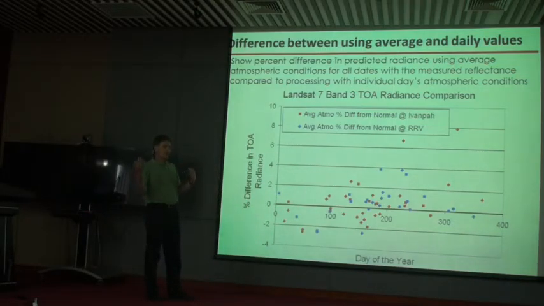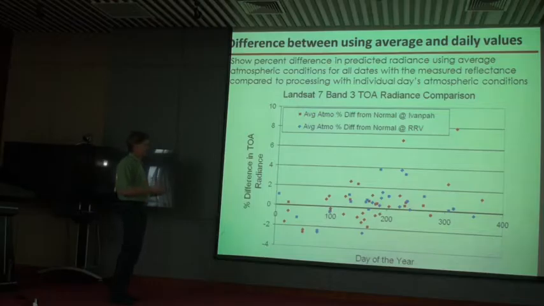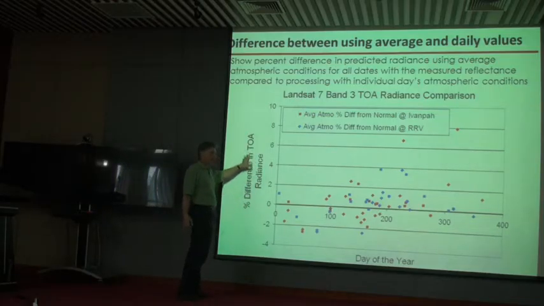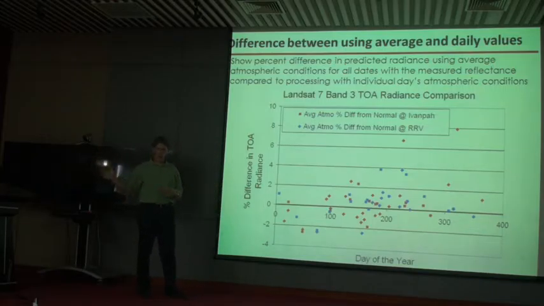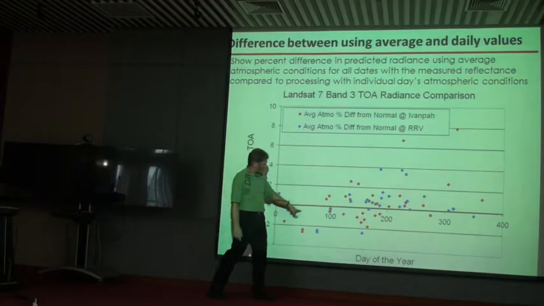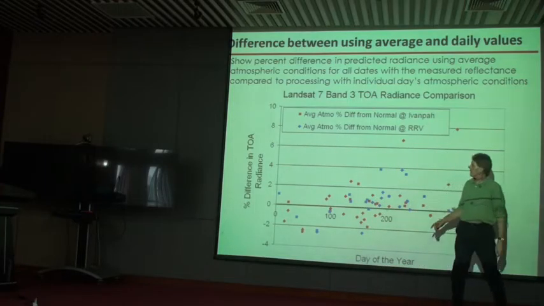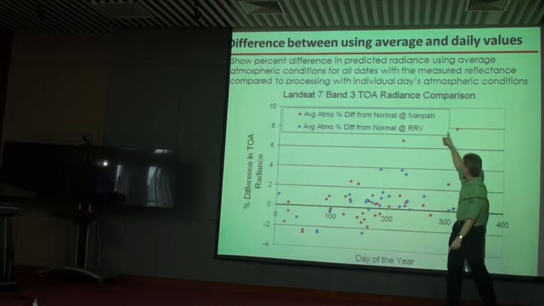And then you can also go through the process of taking the averages and using the average atmospheric conditions for those dates as well. And you get a percent difference between using the real data and the modeled, or the average, data. And the variation is only about plus or minus 2%, with a couple of outliers. And the outliers are basically at Ivanpah Playa.